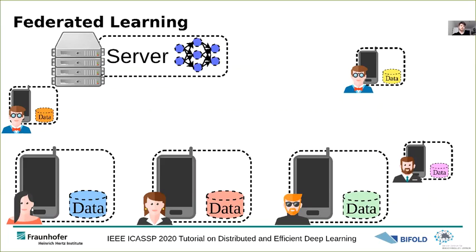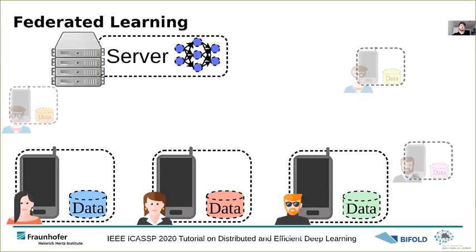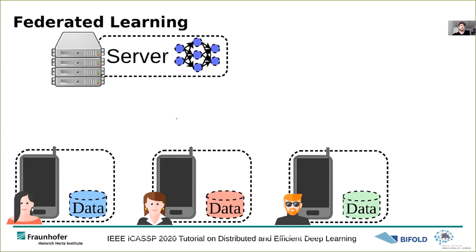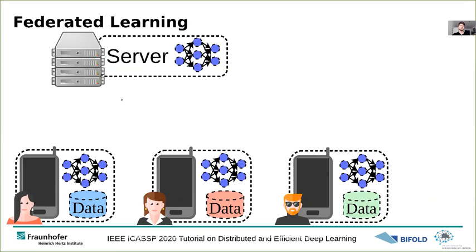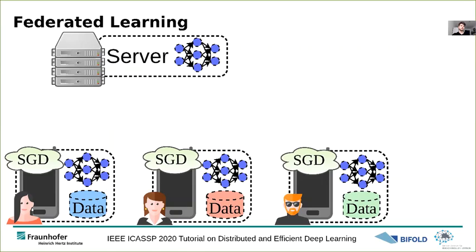In the first step, the server selects a number of users. In every round, only a finite number of users will participate. Then the server communicates an initial model update to all of these selected users. Next, the users perform iterations of stochastic gradient descent on the model they've received, using their own local data.